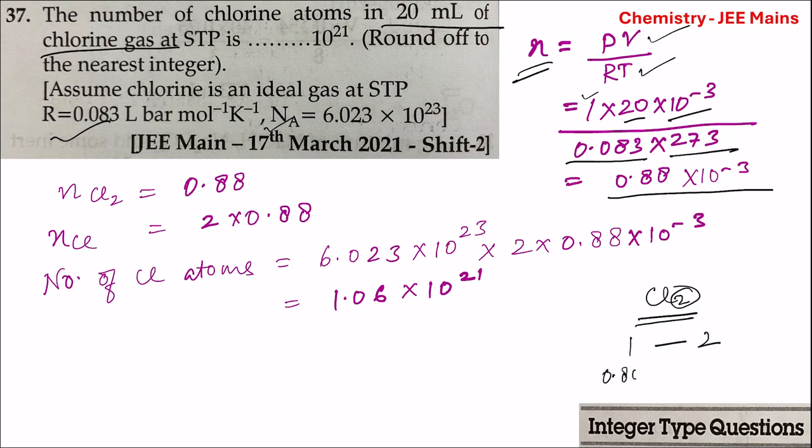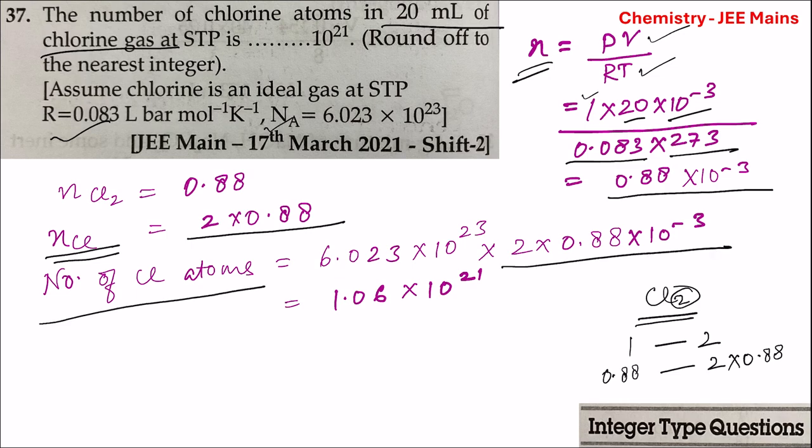Therefore, 0.88 moles of chlorine molecules will contain 2 into 0.88 moles of chlorine atom. So, moles of chlorine atoms will be 2 into 0.88. And number of chlorine atoms will be equal to moles of chlorine atom. This will be 2 into 0.88 into 10 to the power minus 3.